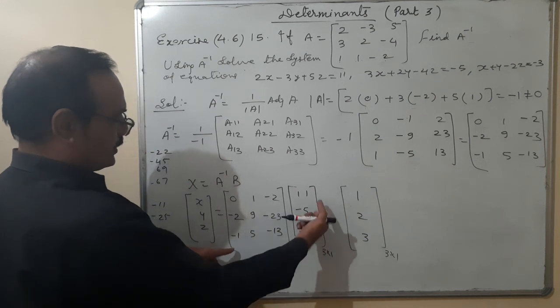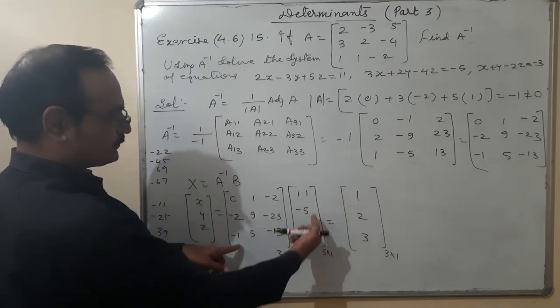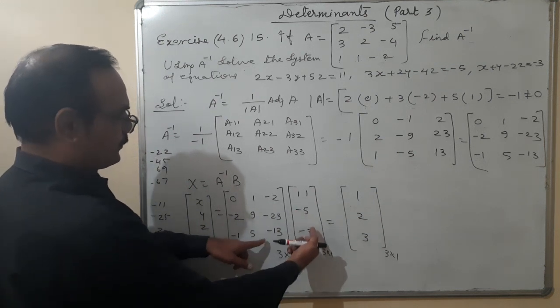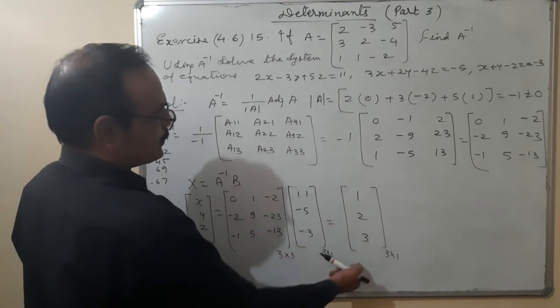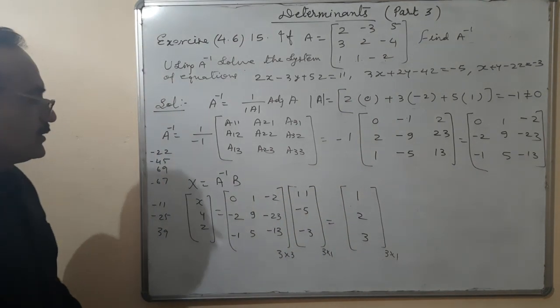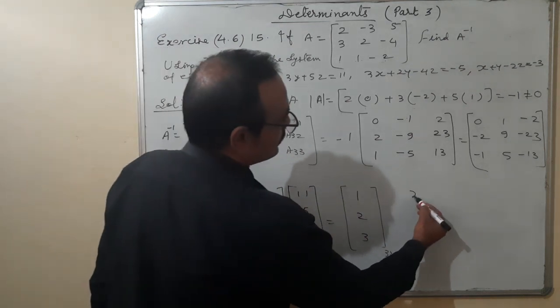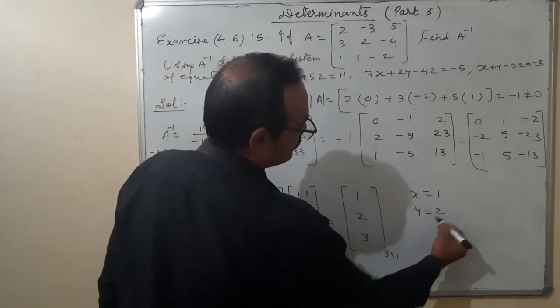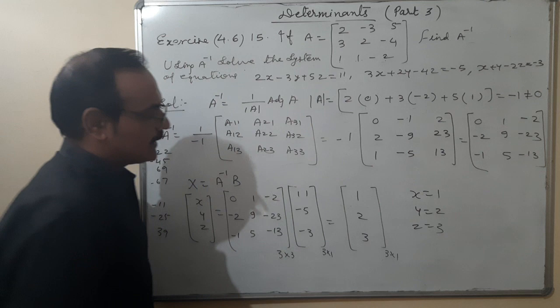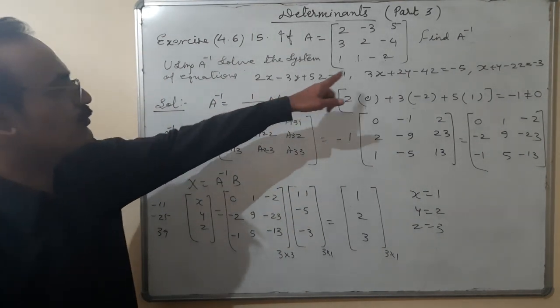Here is 2. Third one is minus 11, minus 25 plus 39. It is 3. X is equal to 1, 2, 3. So that means here the value of x is equal to 1 and y is equal to 2, z is equal to 3. Let us check the solution once again. I'll put x 1, 2, 3 here.